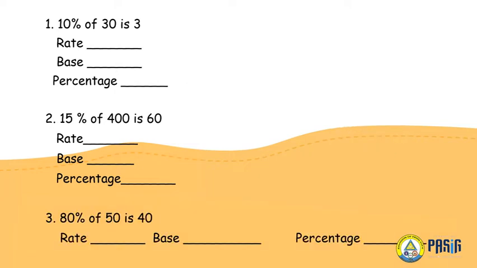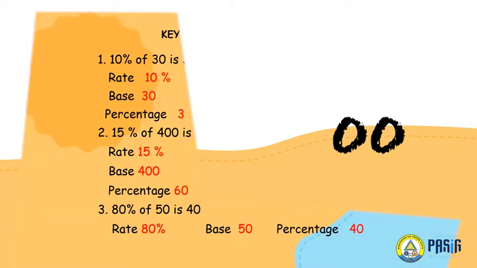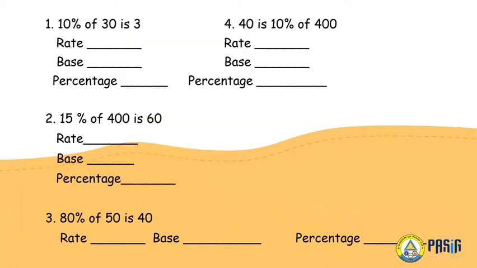Number 3. 80% of 50 is 40. Rate blank, base blank, percentage blank. Number 4. 40 is 10% of 400. Rate blank, base blank, percentage blank.